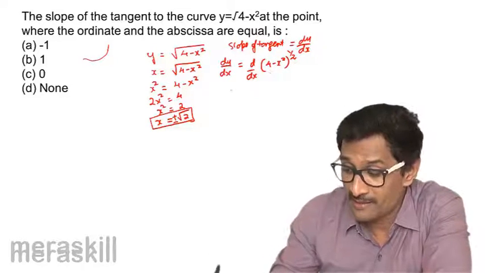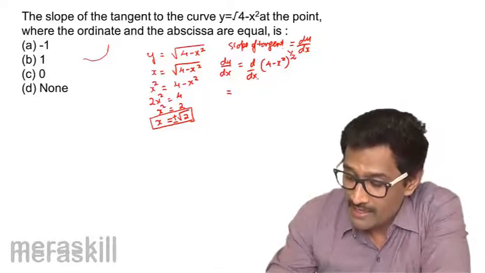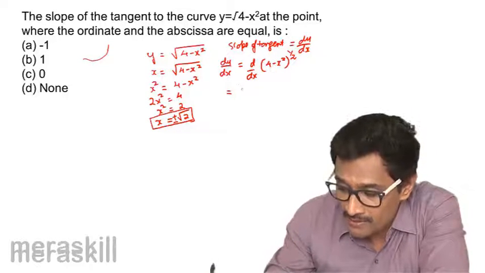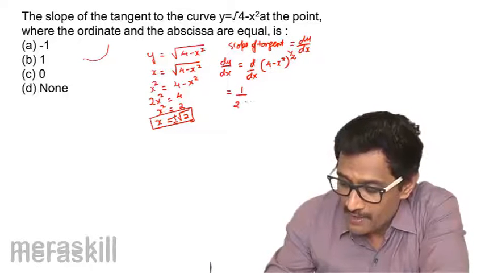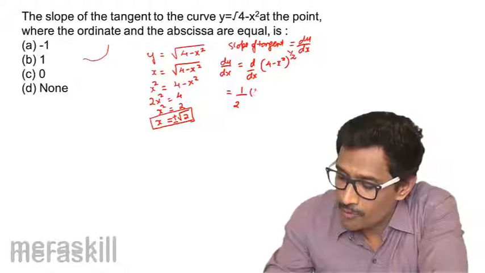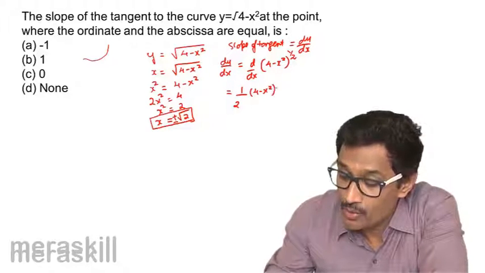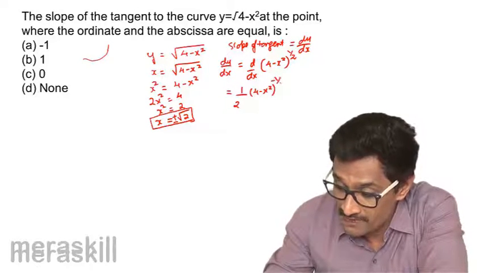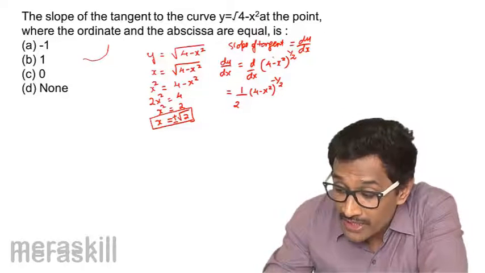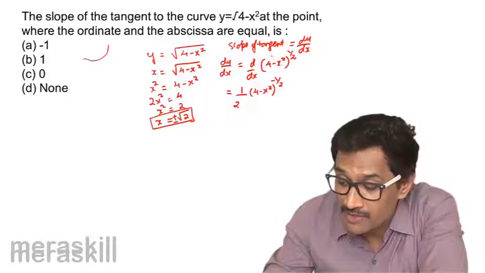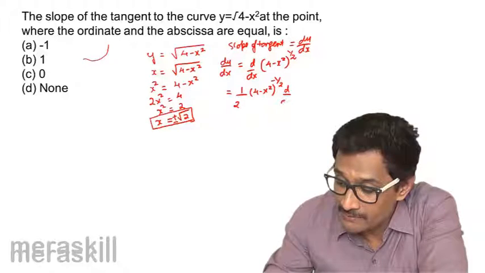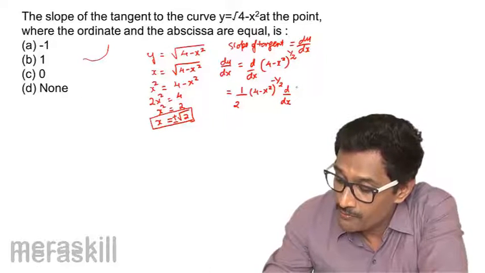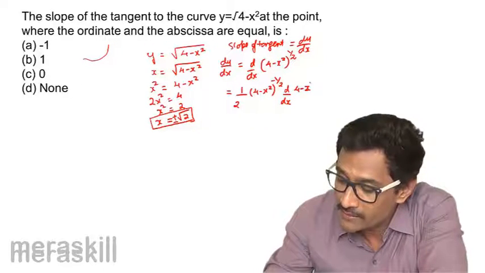So in this we are going to write n x raised to n minus 1: half into 4 minus x squared raised to half minus 1, which is minus half. But we also need to find the derivative of 4 minus x squared.